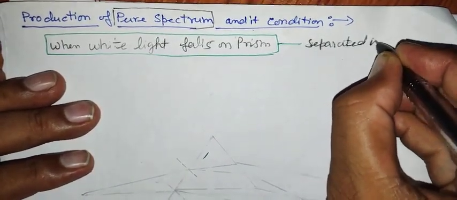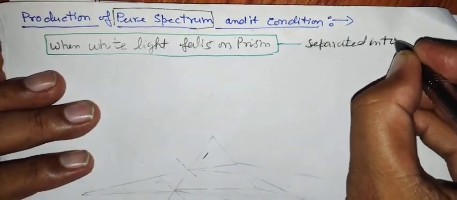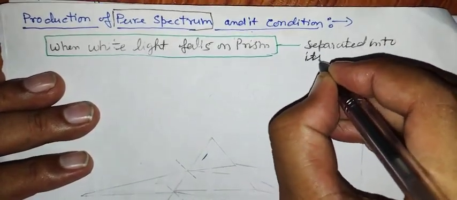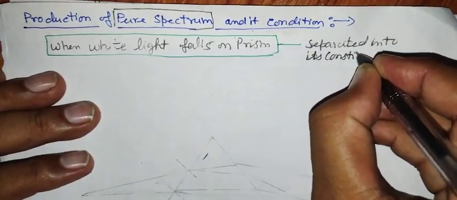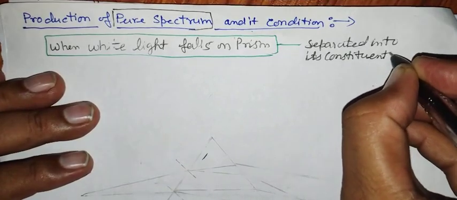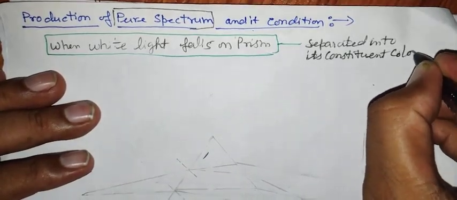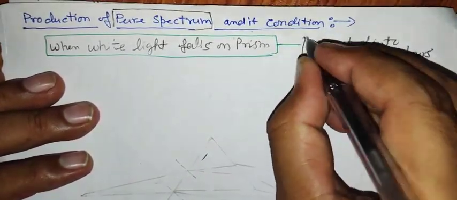It is separated into its constituent colors, all 7 colors.